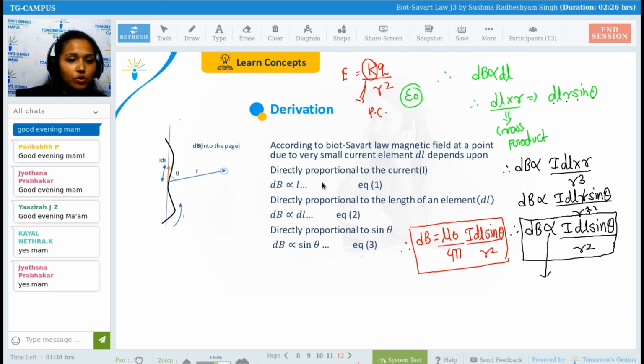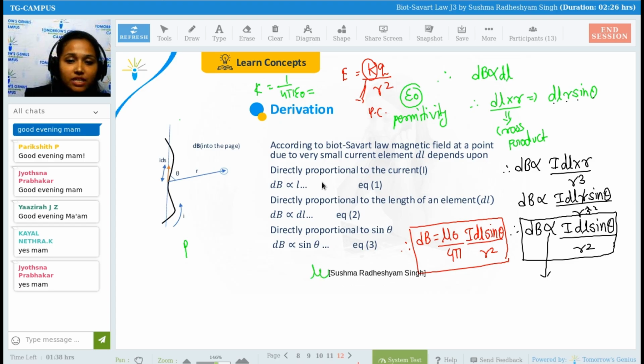Okay, no problem. So epsilon naught is called the permittivity of a medium. Where our electric field is present, in that medium, we use a constant which is called K, which is nothing but 1 over 4 pi epsilon naught, and this epsilon naught is called the permittivity of absolute medium.